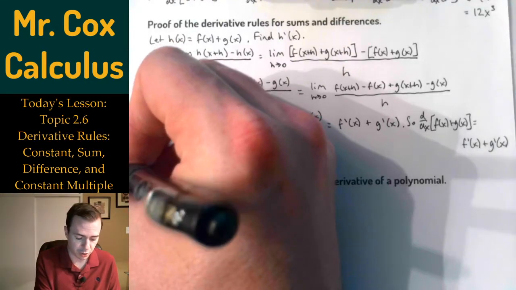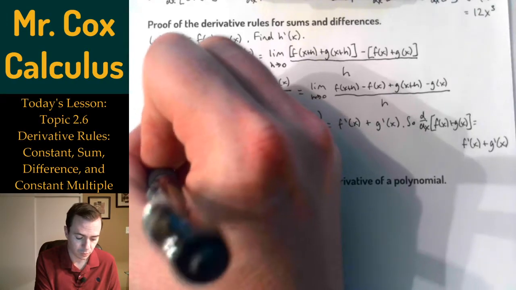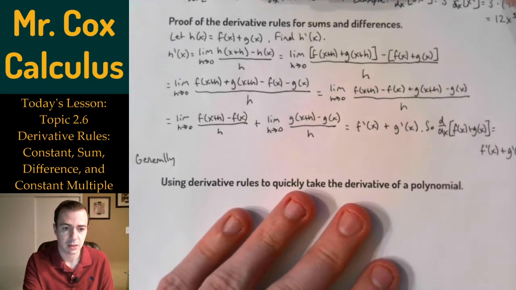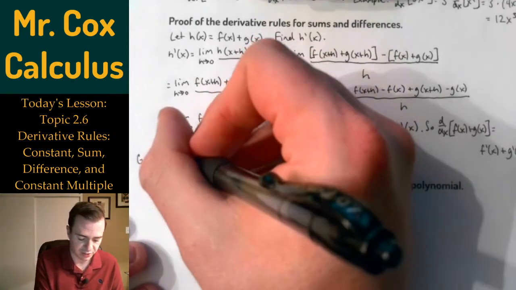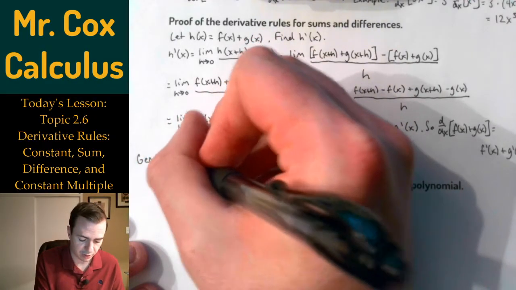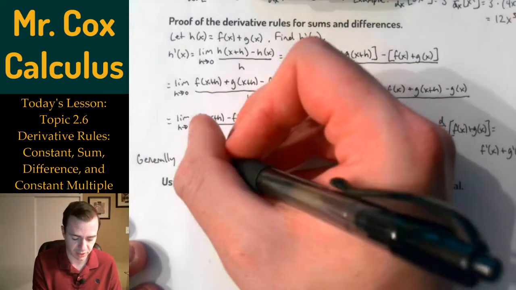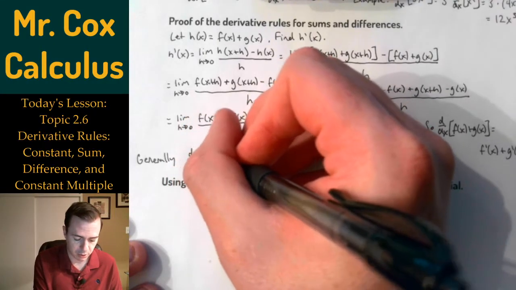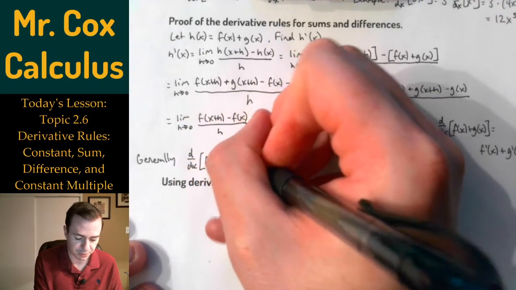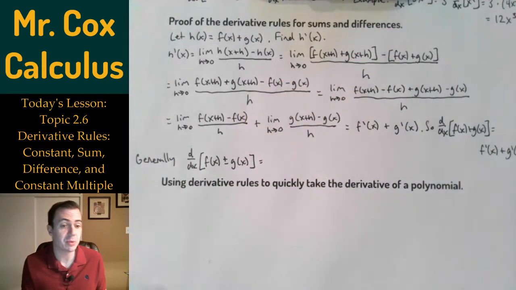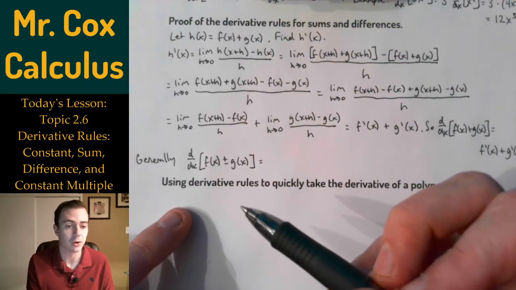And so generally, the derivative of a sum or difference, f of x plus or minus g of x, equals f prime of x plus or minus g prime of x. This is going to be really nice when we start talking about polynomials.